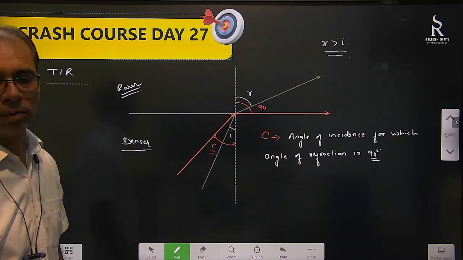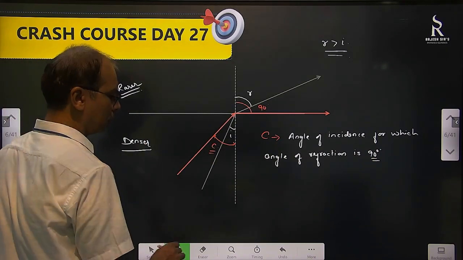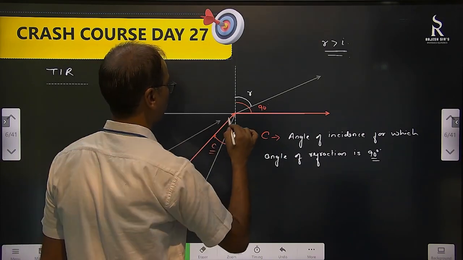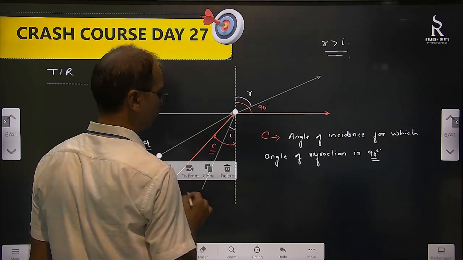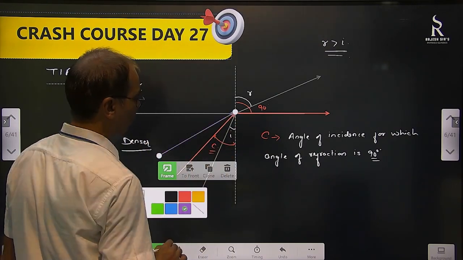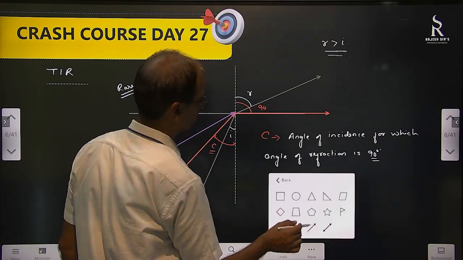Now we are going to increase this angle of incidence further. Then what will happen? The ray returns back to the same medium, something like this.